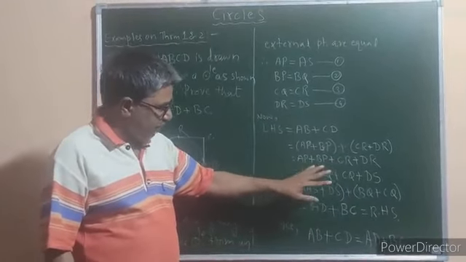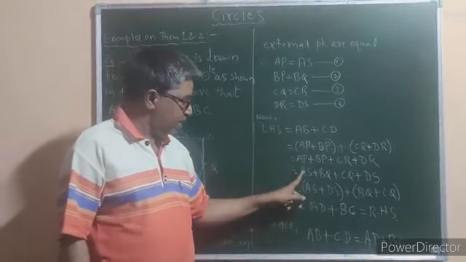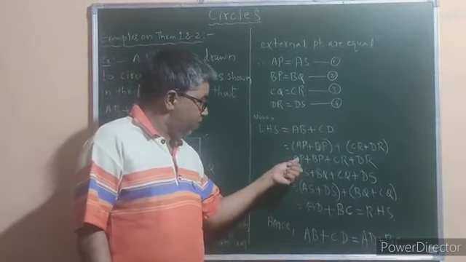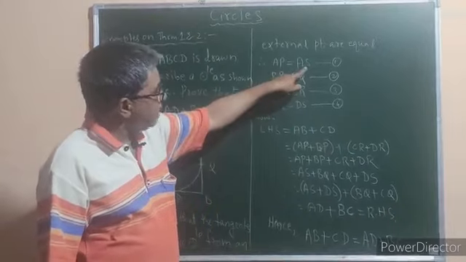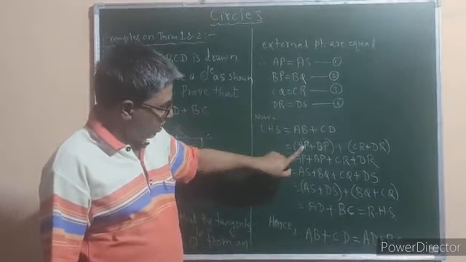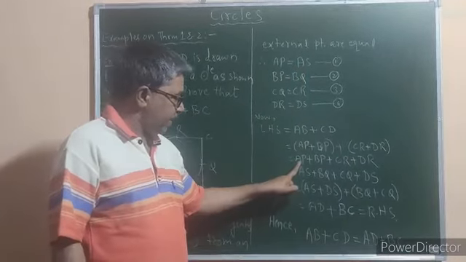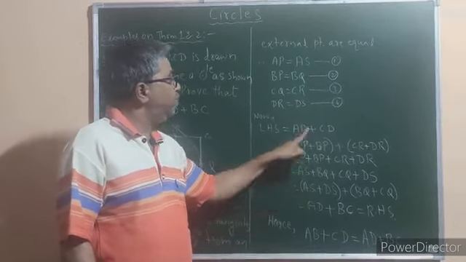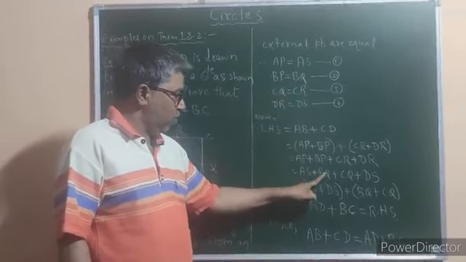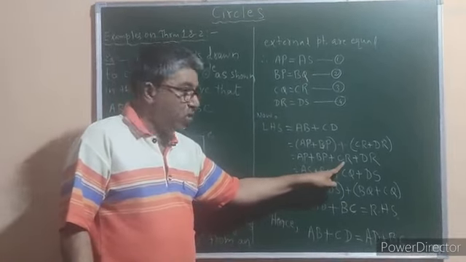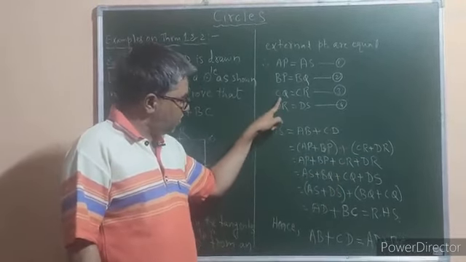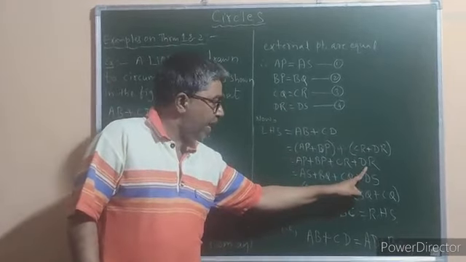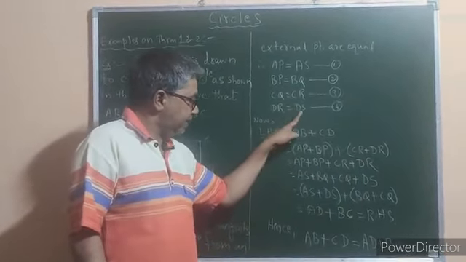Now in the next step, before arranging the terms, AP is nothing but AS. So let us replace AP by AS, plus in place of BP write BQ, plus in place of CR write CQ, and in the same way in place of DR write DS.